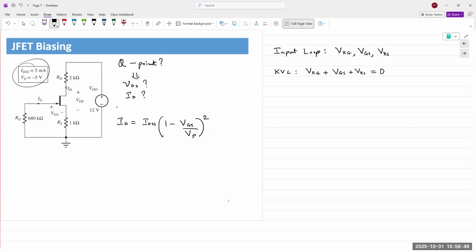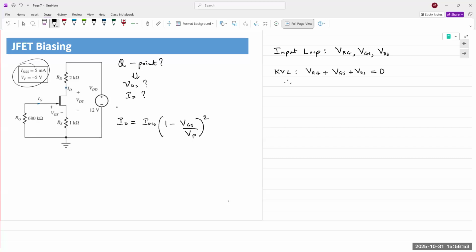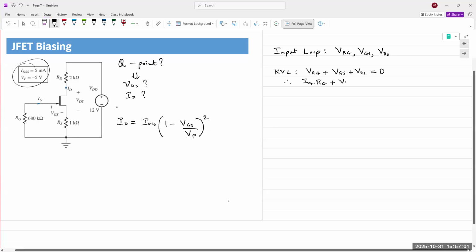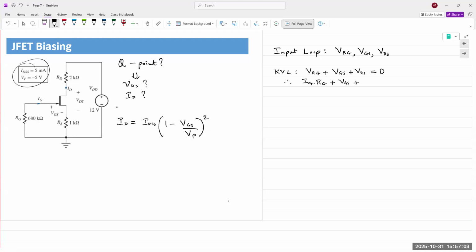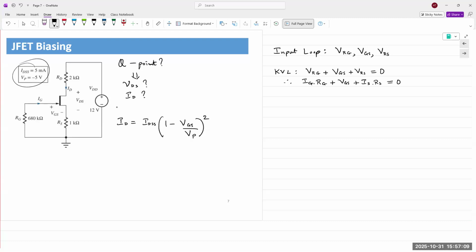I can apply Ohm's law and express each one of these in terms of their currents. So I can write gate current IG times RG plus VGS plus IS times RS is equal to 0.